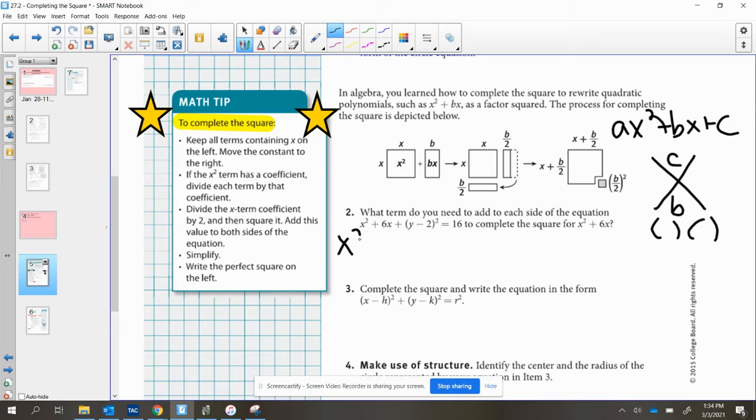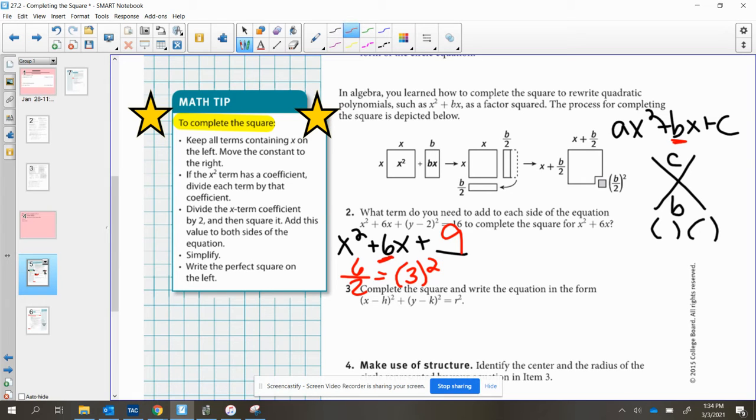And to do that, what we're going to do each time is you are going to take the B term, so this value here, okay? And what you're going to do is you are going to divide that value by 2, and then you're going to take that number and you're going to square it, and in this case, we got 9, okay? Now this is factorable, right?